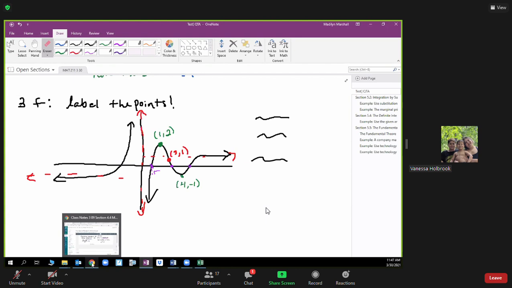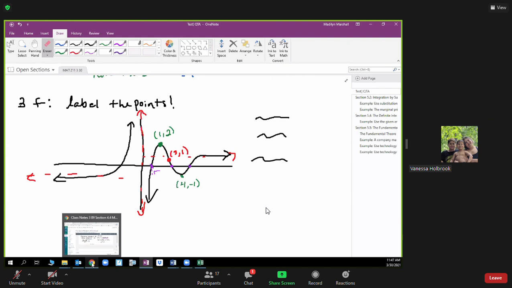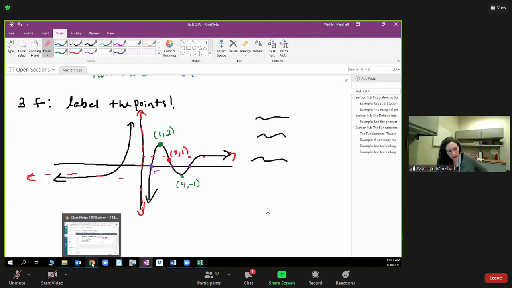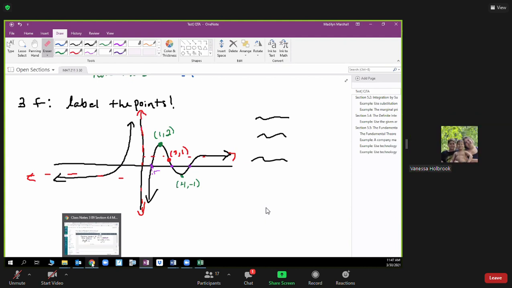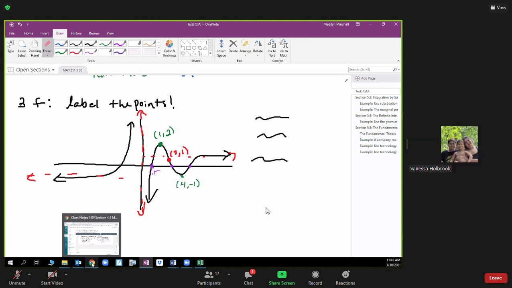Or do you want us to plug it back in to the equation? I did both, but for E for number 6, completing the square wouldn't be something you use. Okay. That is just a plug-in. Okay.